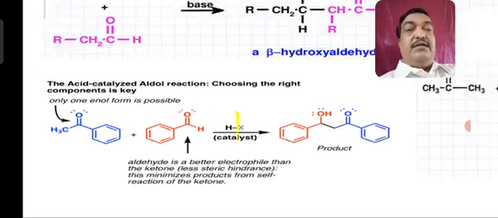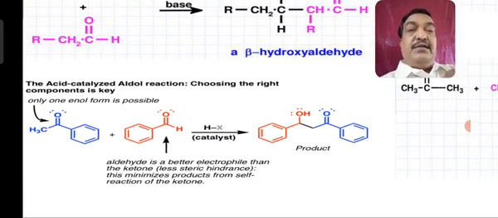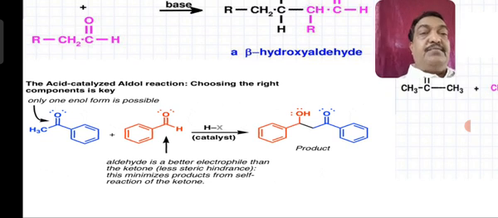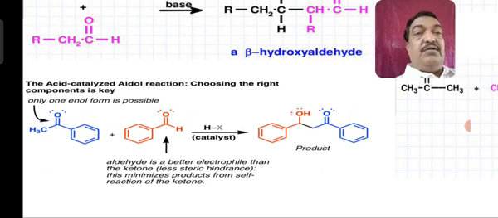Okay, now let us see, if an aldehyde or ketone is aromatic, what happens? So here I have taken acetophenone and acetaldehyde in presence of strong base, or an acid catalyzed reaction.